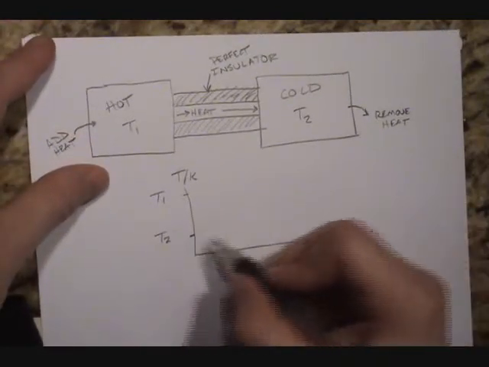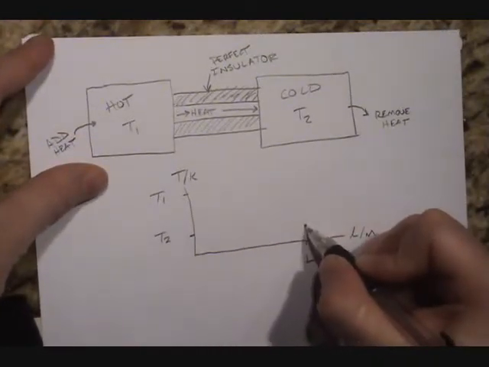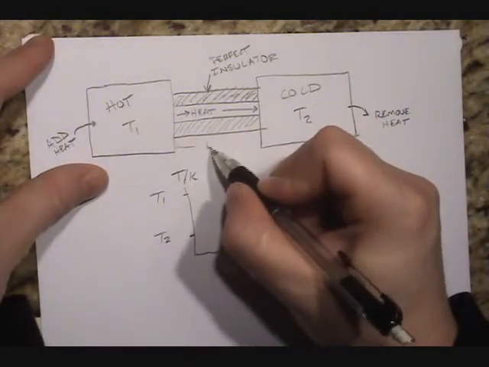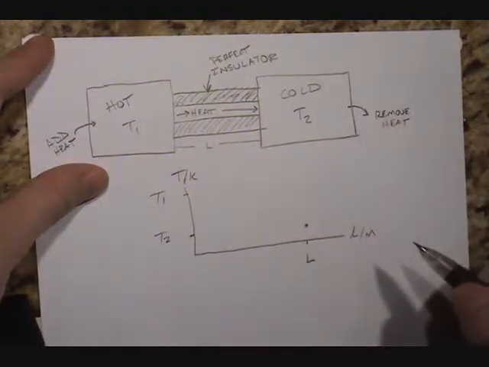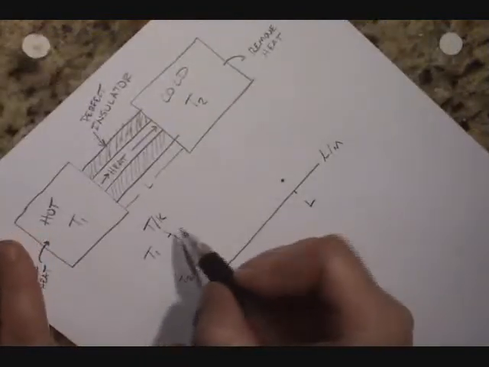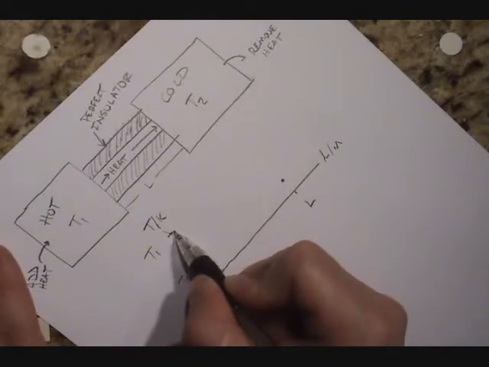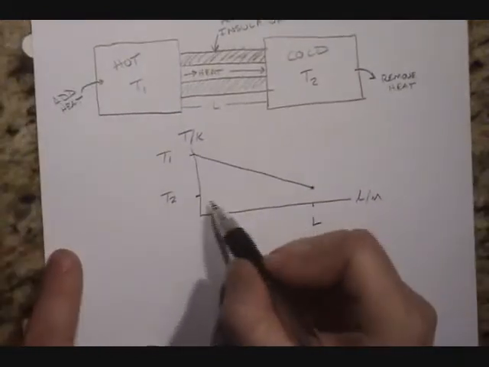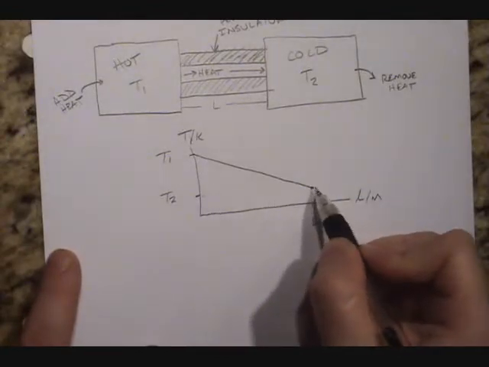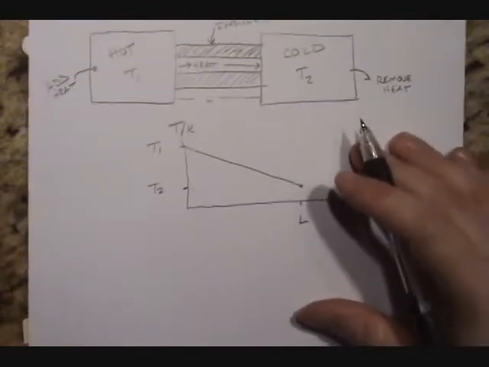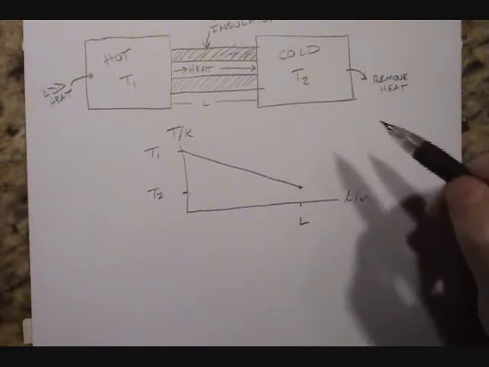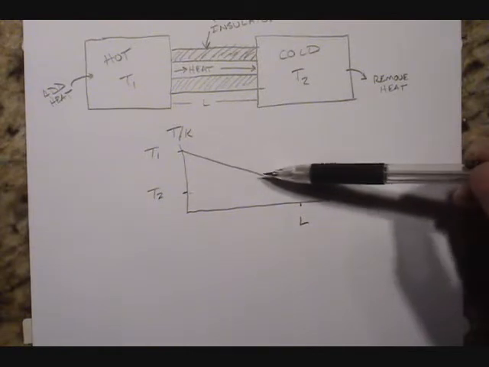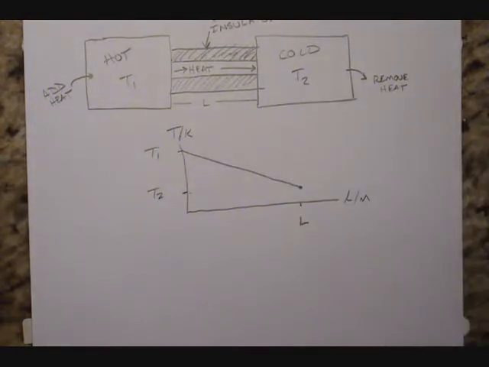And what's ultimately going to happen is that at this full length, L represents the length of the rod. What I will find is that the temperature will steadily drop in the rod in a straight line until I reach that point where the rod makes contact with the cold reservoir. That is to say, the temperature inside of this guy will steadily decline until I reach this point.